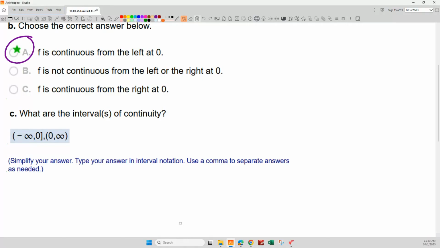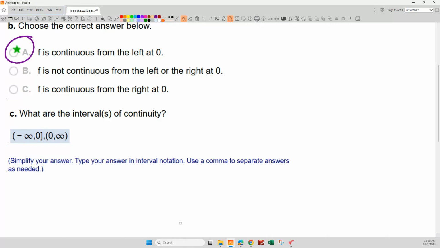They say that's correct, but I'm not buying that. It's not continuous at 0. Okay, I would give you credit for either one of those, though. Whether you put a bracket or a parenthesis there, I'd give you credit on the test, either way. You can make an argument for both of those, but I disagree with that one. Okay?